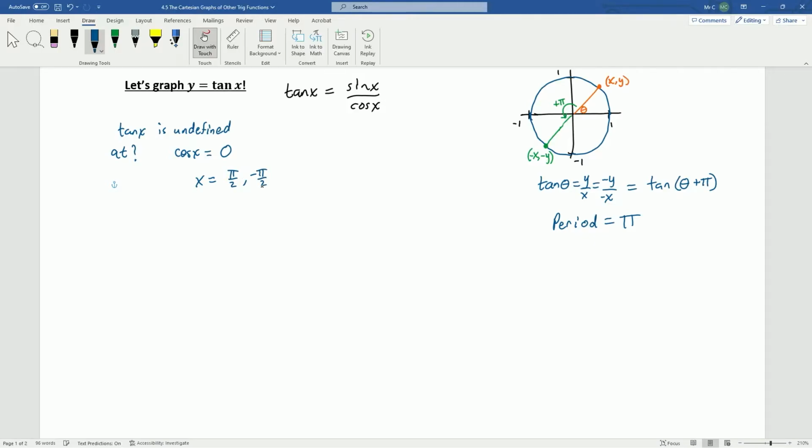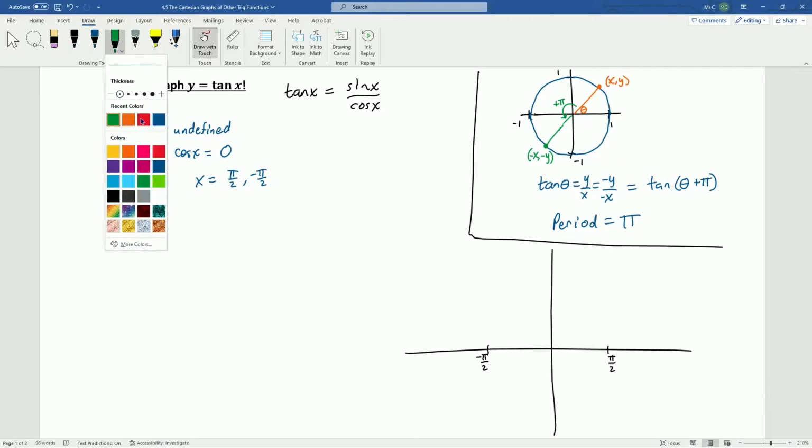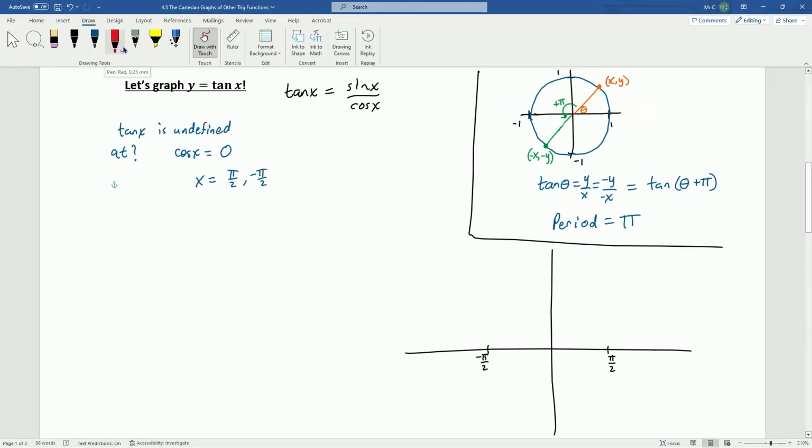So we know tangent is undefined at both pi over 2 and negative pi over 2. And since the distance between those is pi, what might make more sense is to focus our graph, which we'll put down here, initially between pi over 2 and negative pi over 2. So my whole distance between these two is pi, so that's going to cover one period, and after that we can just repeat whatever we get here.